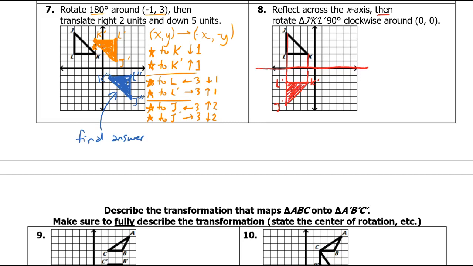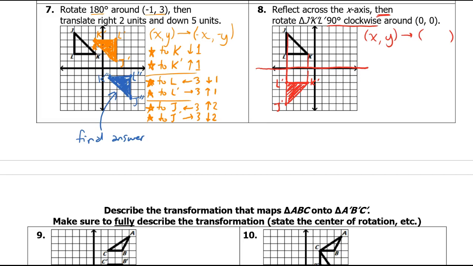And then they're telling us to go 90 degrees clockwise around 0, 0. This, as with any rotation and as with most of these, we could do this with the memorized rule or with the arrows. I did the arrows on number 7, so I'll do the memorized rule here. Our 90 degree clockwise rule, we saw that in an earlier question.